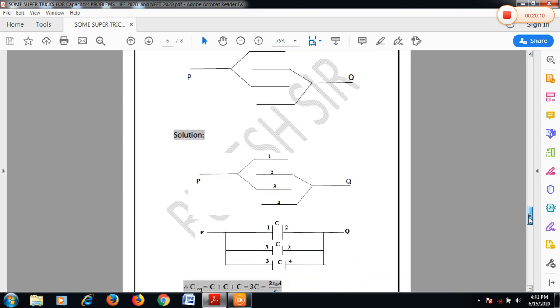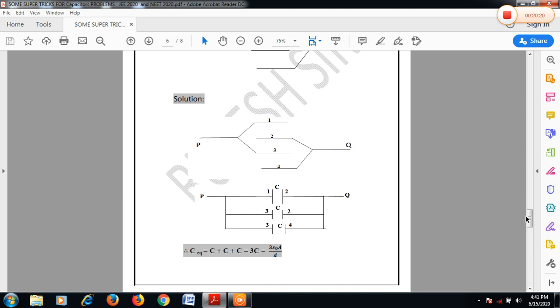Now we need to map it into the simplest possible circuit. Then what will we do? We need to work from one point of the circuit. We will start tracing the circuit from point P.